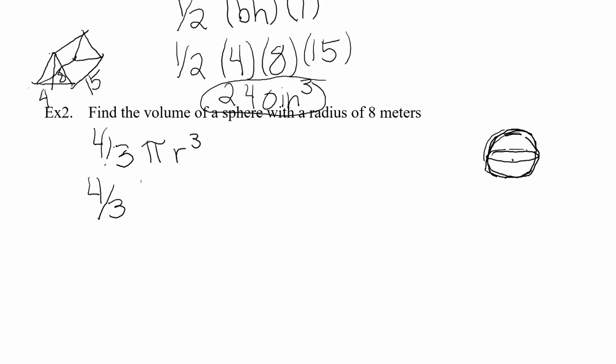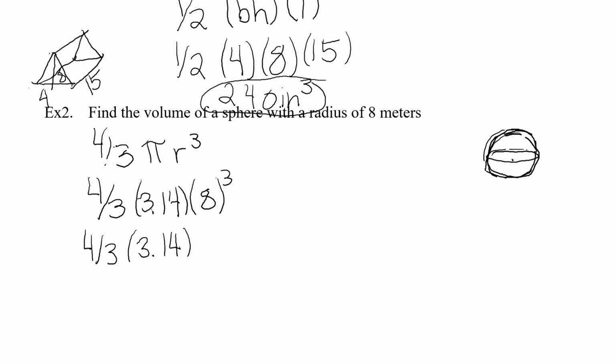So we have 4/3, our pi, which is 3.14, and our radius, which is 8, and that is cubed, which is going to give us 4/3, our pi, which is, again, 3.14, and then 8 cubed, which, if you figure that out, is going to be 512.